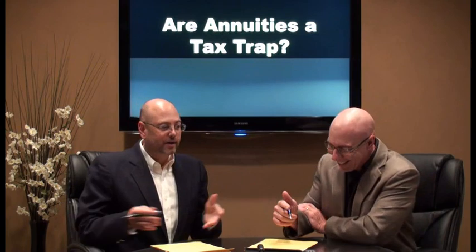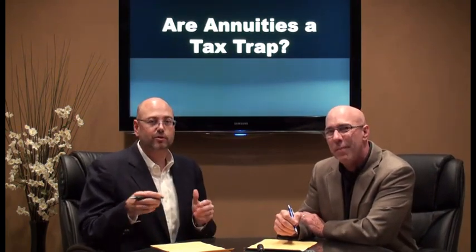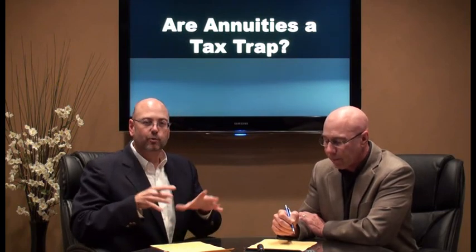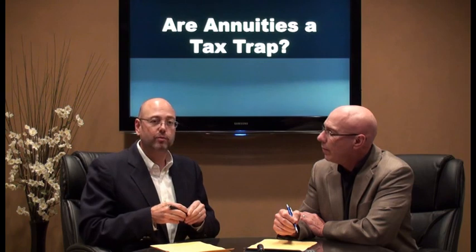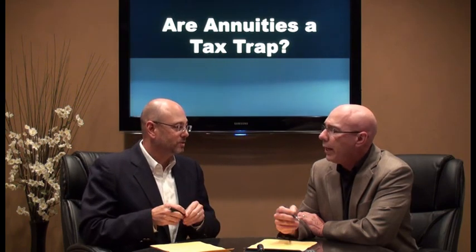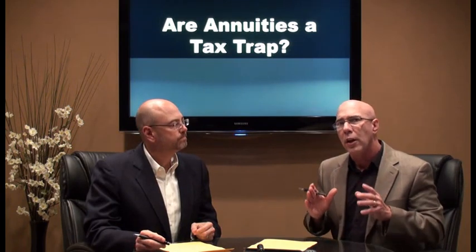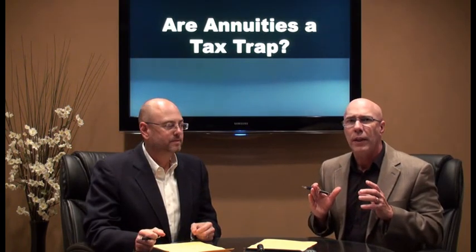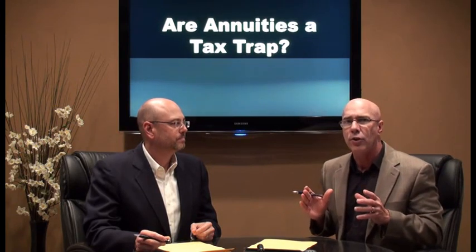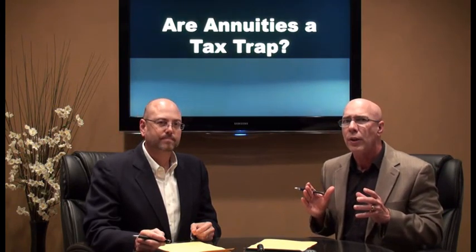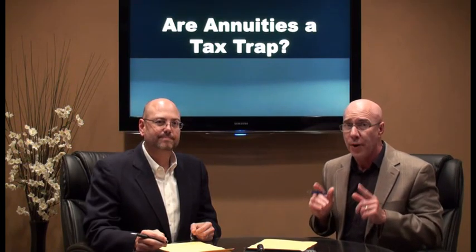Talking about stretch IRAs, if your advisor's not talking to you about named beneficiaries, you're losing out on the ability to really manipulate the taxation aspect of working within the annuity world. So I think, folks, the key is to work with a specialist. Leverage that IRA with all of the different statutes with the IRS that can give you an advantage. I would say that annuities can be a tax trap if they are used incorrectly, but if they're used correctly, they're not a tax trap.